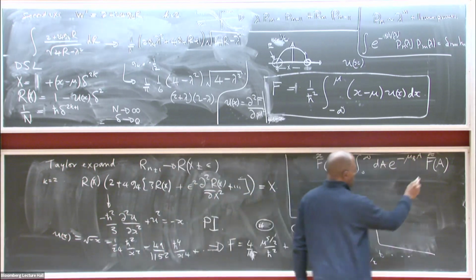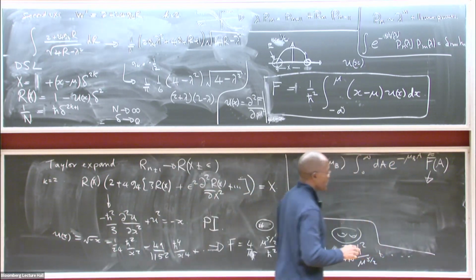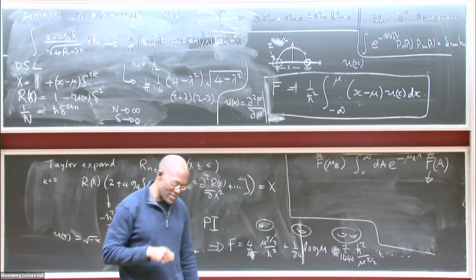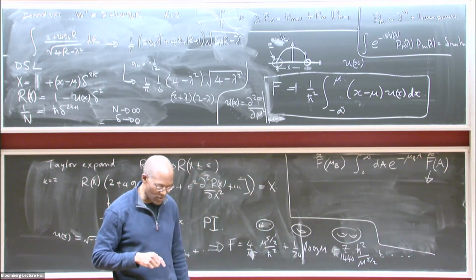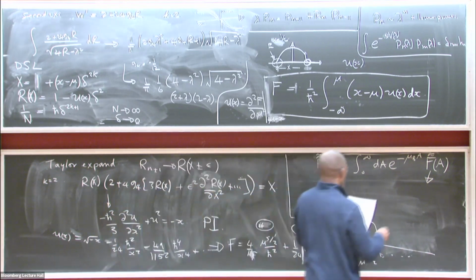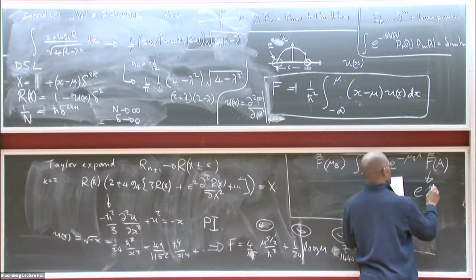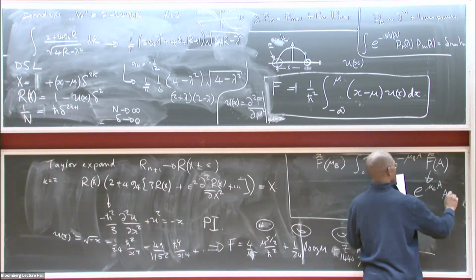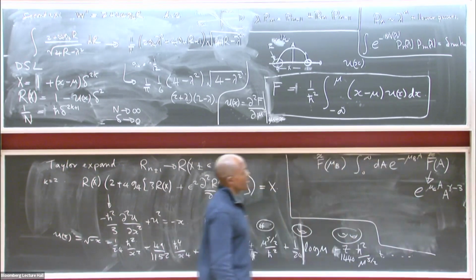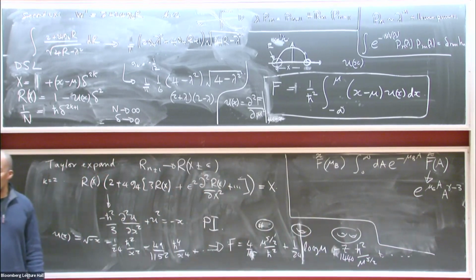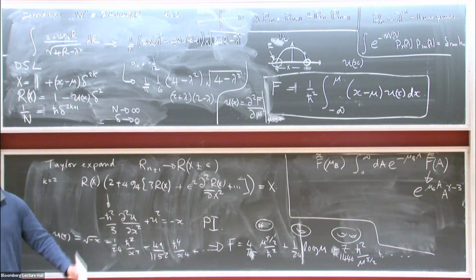And then it was known, from KPZ and various other papers, not that KPZ, the other KPZ, Knizhnik, Polyakov, Zamolodchikov, how this behaves at large A. It goes like some coupling mu, I'll call mu c, to the area to some power, which was given by something I'll just call gamma, which depended upon it might be gravity coupled to some conformal system, so it depends on the central charge of that conformal system, etc. So it's some critical exponent.